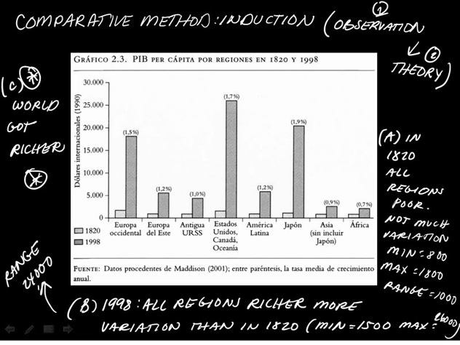So if we were to say the hypothesis that the West got rich solely at the expense of Latin America and Africa, that would be at odds with the observation that we made that the world got richer. So that would not be a good hypothesis. That's probably not a good hypothesis for explaining variation in GDP per capita or explaining inequality.